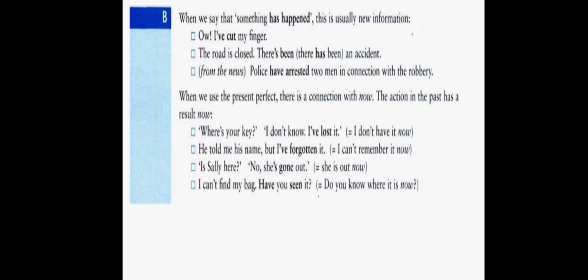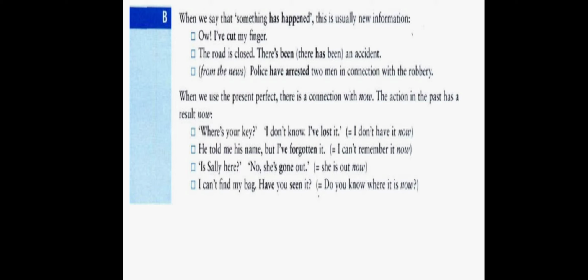From the news, for example: police have arrested two men in connection with the robbery. Now we see two men in custody, or in the police car. Then we say police have arrested, and mind this, police is plural. The word police takes have, because police is plural.